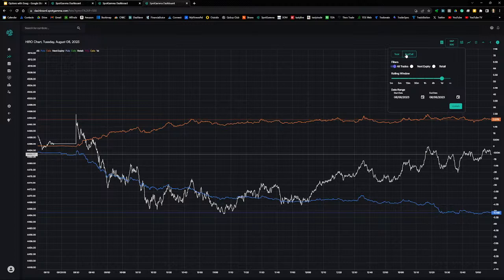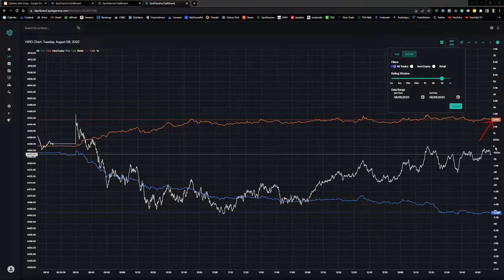So the rising orange line and the positive notional value here shows that traders are buying calls. That's very typical behavior in an index. Traders buying calls and buying puts. That's shown by the falling blue line and the negative notional value there.